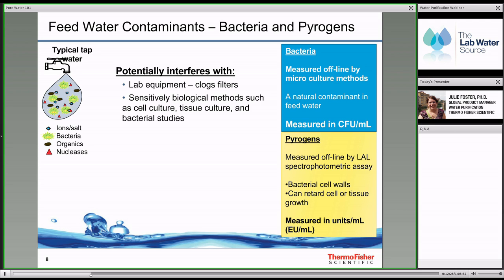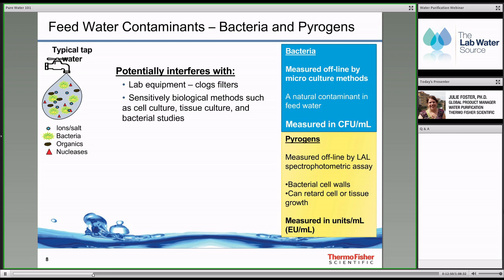Pyrogens are also known as endotoxins, and they are the byproducts of bacteria growth and degradation. Even the word pyrogen gives you a clue as to how they can be detrimental to your work. Just think of the little piece pyro. It means heat, and pyrogens basically are agents of heat.